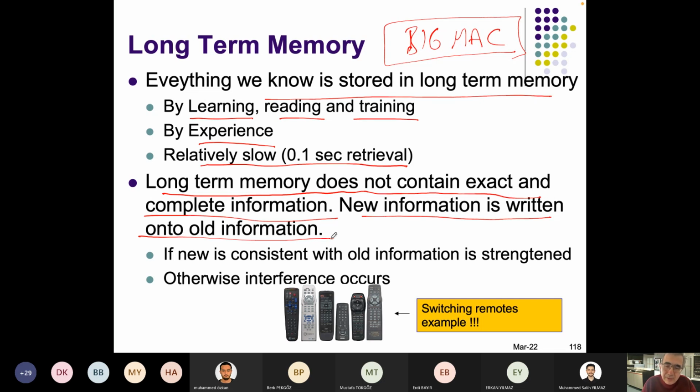If it is on the negative side, that means the other way is selected. So it depends, and that is what we call interference. If the old information is interfering with the new information, the performance is reduced, such as in the remotes.